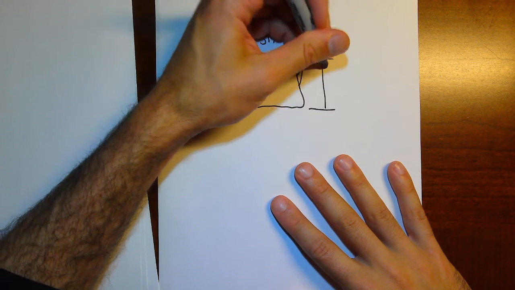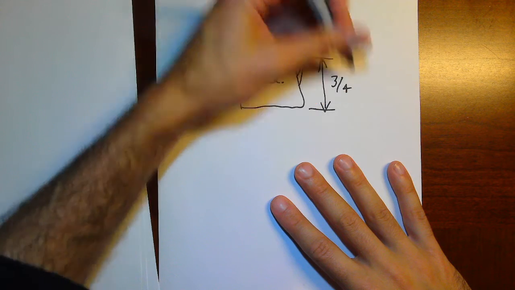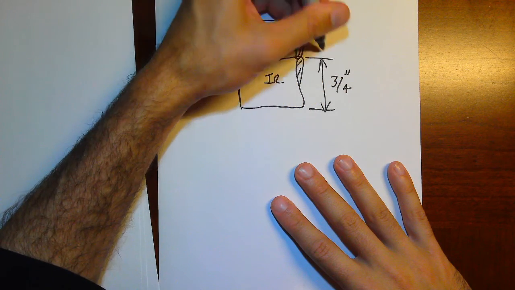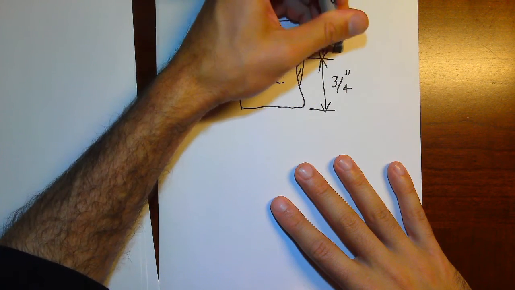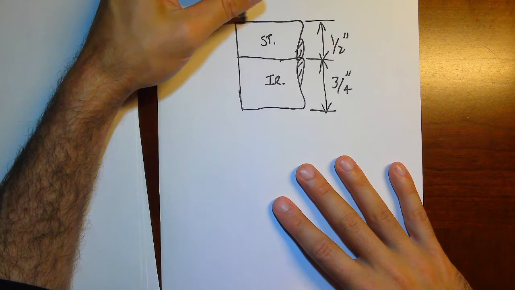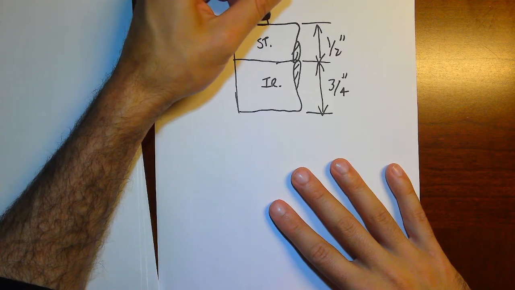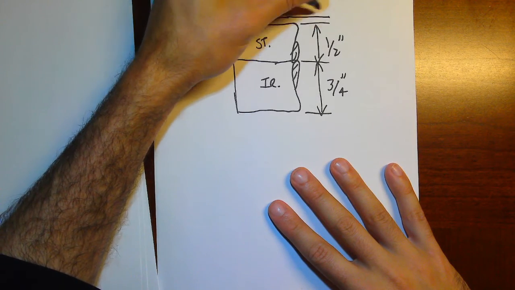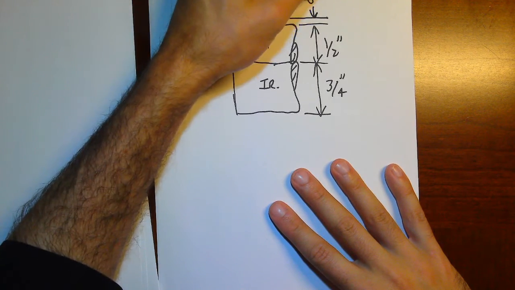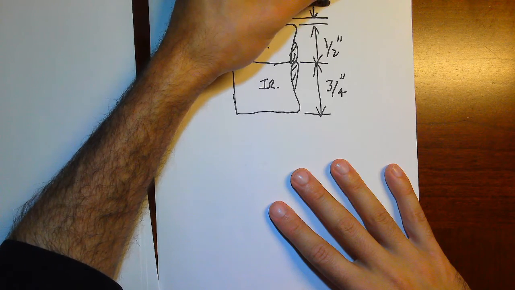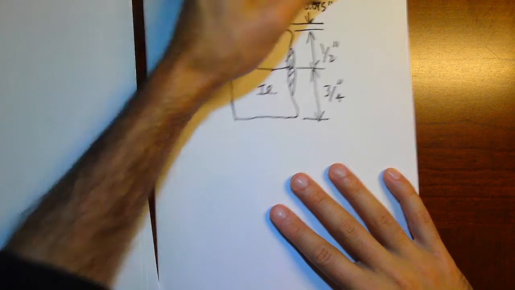This one's 3/4 inch thick. 1/2 inch thick. Now I have a washer sitting on top of that, which is another 0.095, yeah, 95 inches thick.